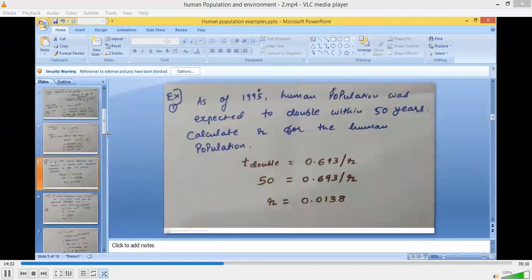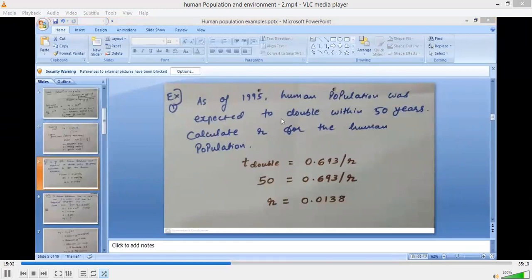Is the screen visible for everyone? Any doubt in the calculations, just quickly tell me. I'll give you a chance to unmute also if there is any serious question regarding any of the points, so don't hesitate.